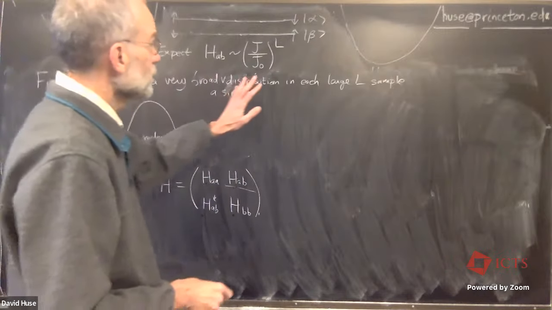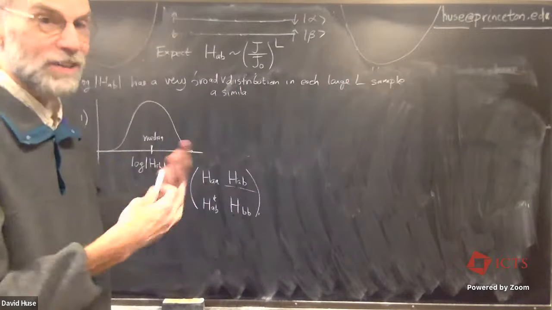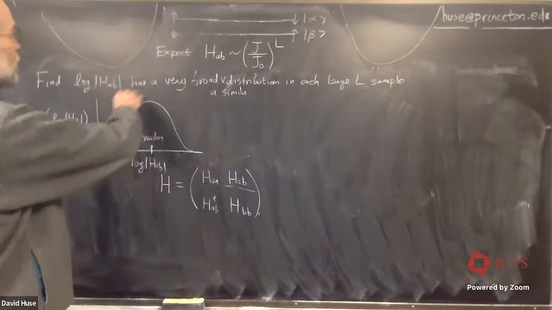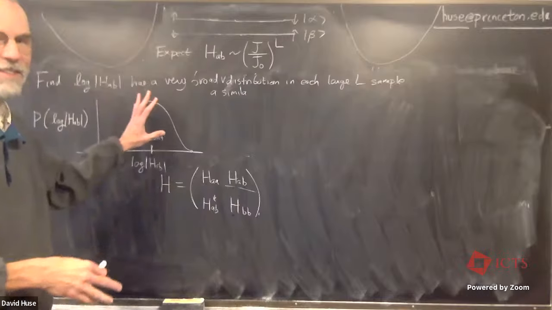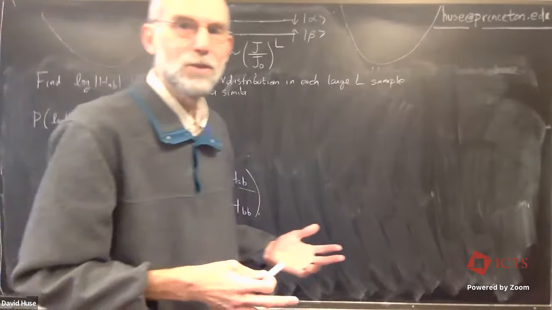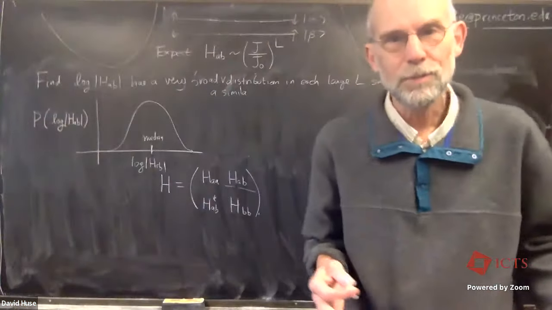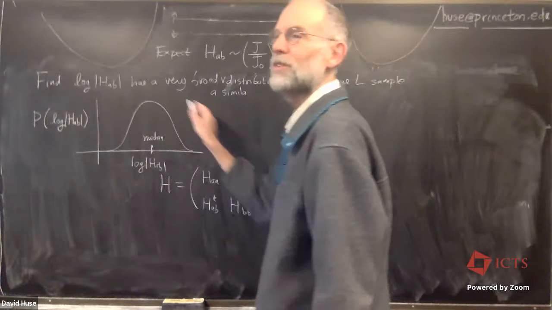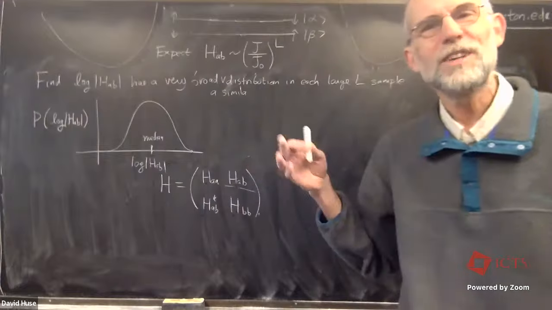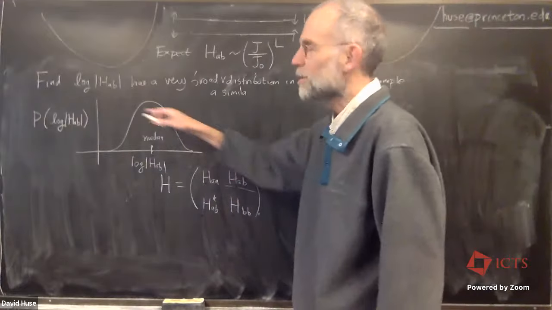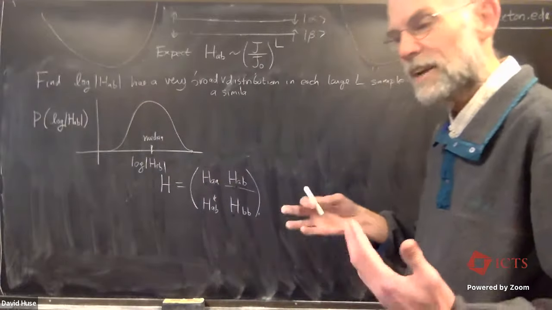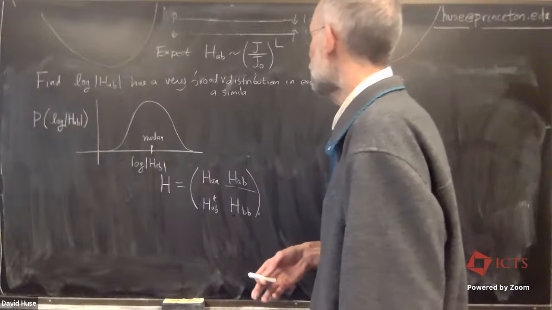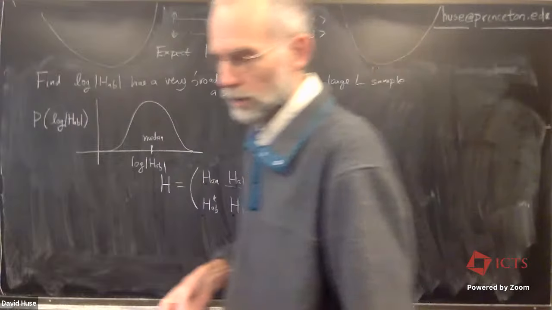For each realization of the random fields, when L is large, you already get a very broad distribution, so you don't need to average over samples to get it. It's there within a single sample, and all the samples have pretty much the same width. Of course, they're different in detail, but they have pretty much the same width. So right now I'm talking about the physics of typical samples.